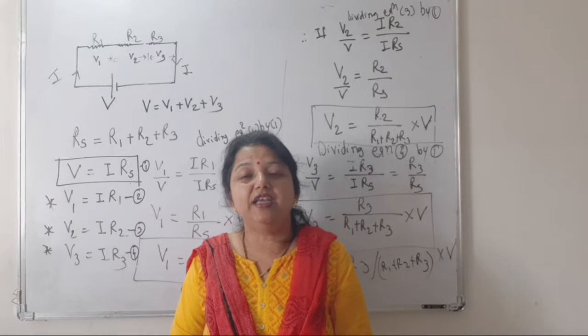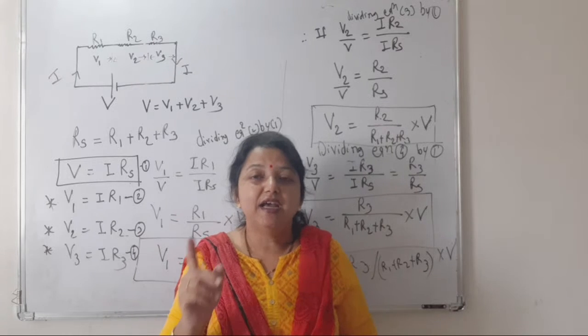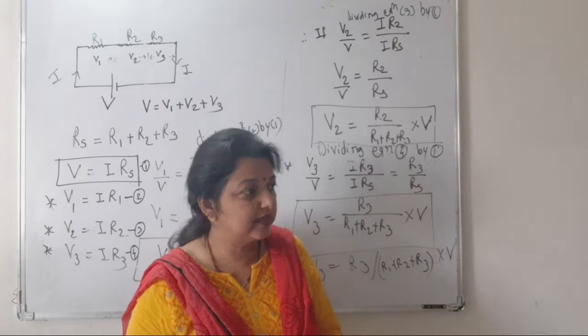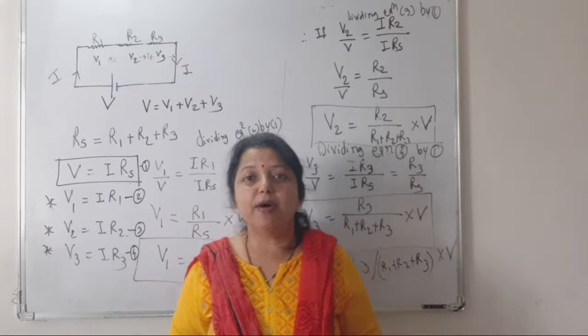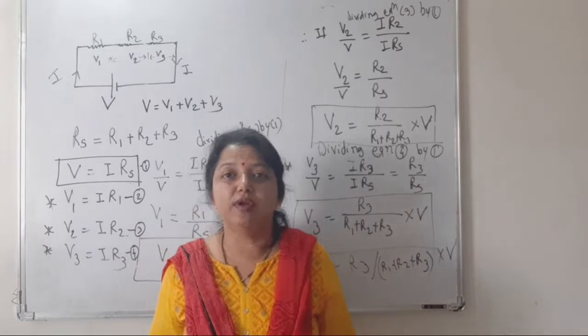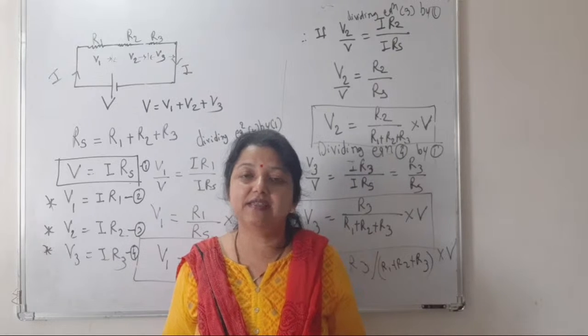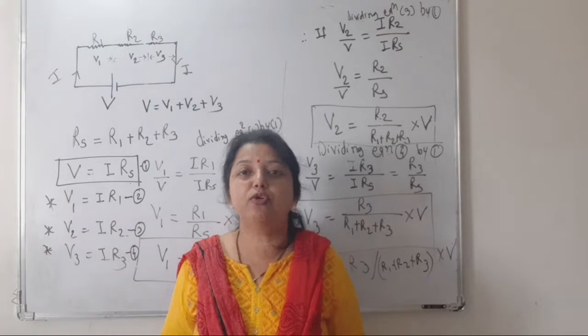But internally, whenever charges or cations move from anode to cathode, at that time they must face some opposition, that is known as the internal resistance of the cell. The value of internal resistance is very small. खूप कमी असणार आहे ती व्हॅल्यू, कमी अपोजिशन असणार आहे, but still some opposition is there.